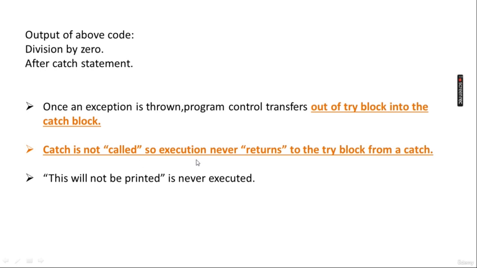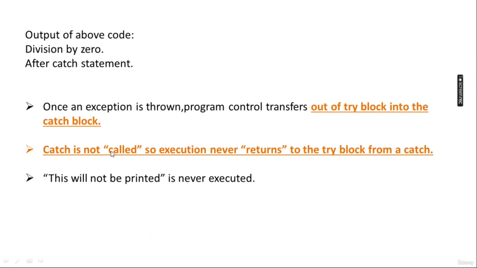Catch is not called, so the execution never returns. Catch is not called implicitly or explicitly. It is automatically given control from the try block, so execution will not return. What is this call? Suppose in your main function you call the show method, object dot show, so you are explicitly calling it.